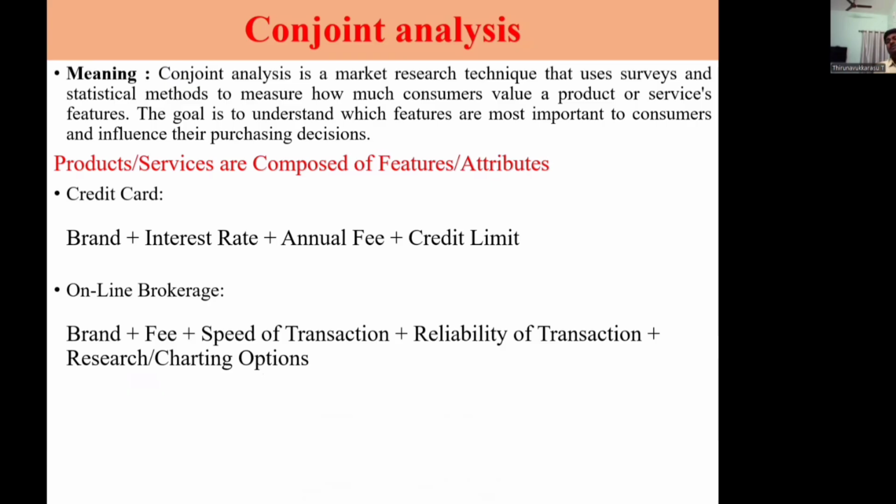Here is one example, the credit card. A credit card has features and attributes: brand, interest rate, annual fee, and credit limit. Imagine there are three banks, A, B, and C. Bank A quotes a 1 lakh credit limit, bank B 75,000, and bank C 50,000. The annual maintenance fee is 1,000 for each bank, and the interest rate is the same 10% for each.